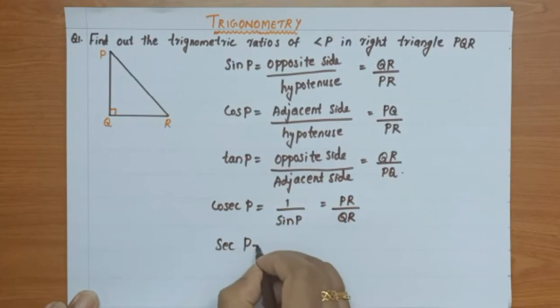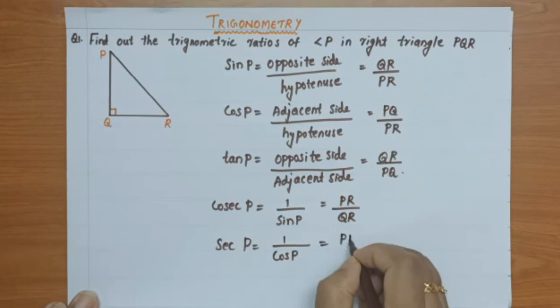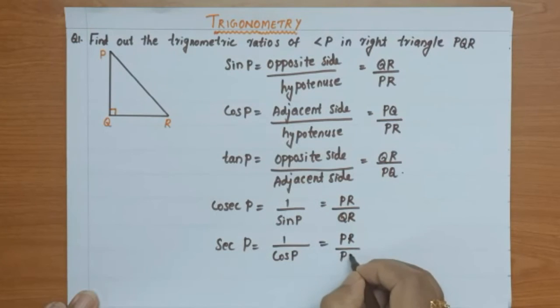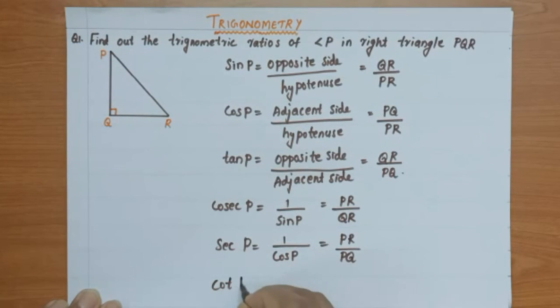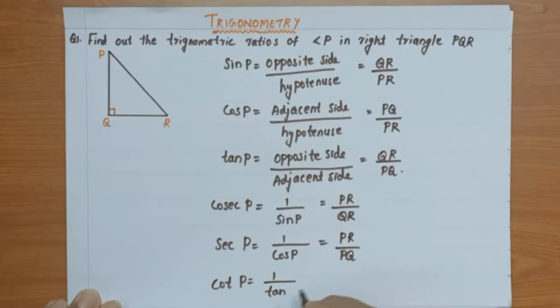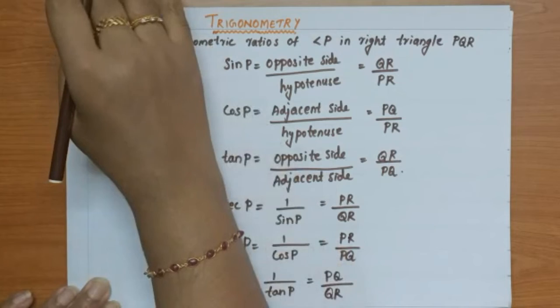Sec P equal to 1 by cos P, that is PR by PQ. Then cot P equal to 1 by tan P, that is PQ by QR.